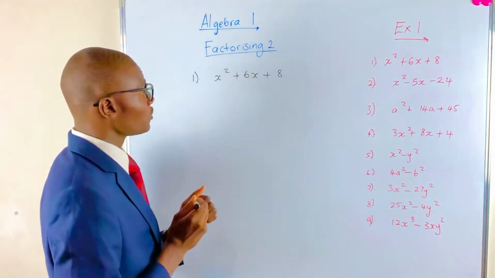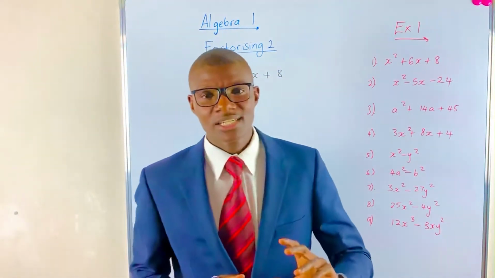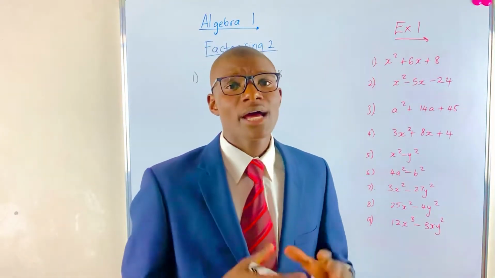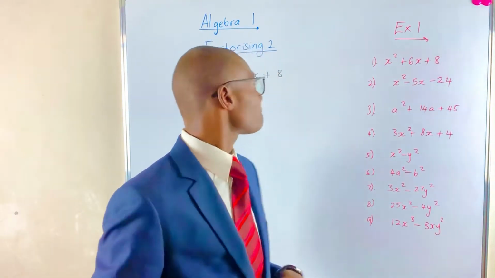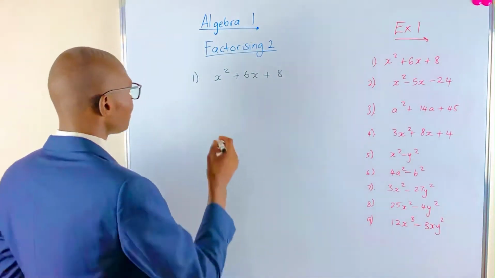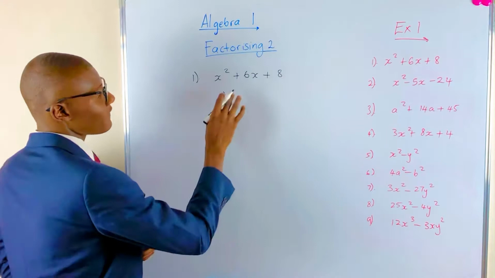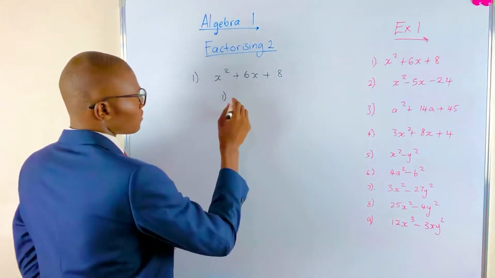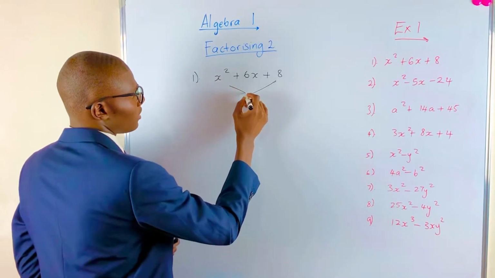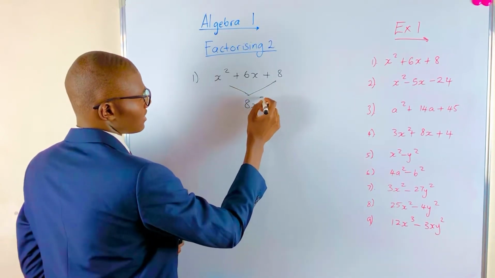So what we do, a quadratic expression, this is an expression of the form ax squared plus bx plus c. So what we do is that we multiply. First step is that we multiply first term and last term, to get 8x squared.